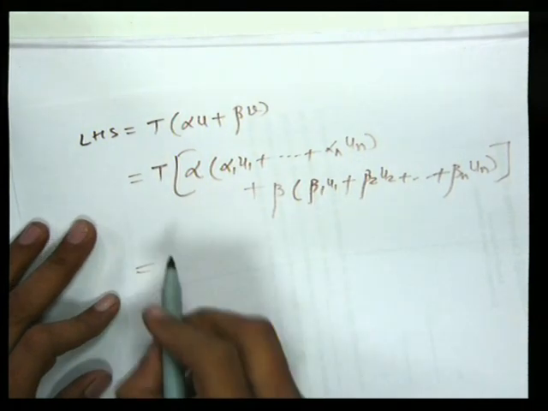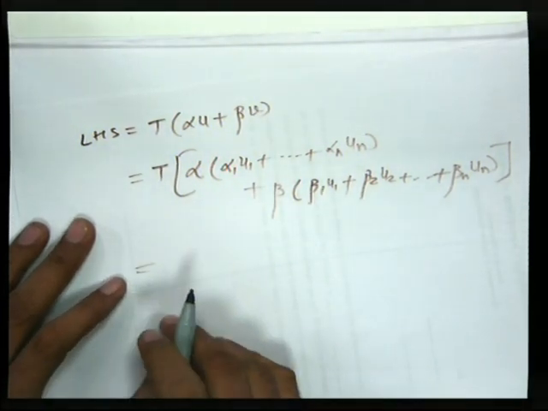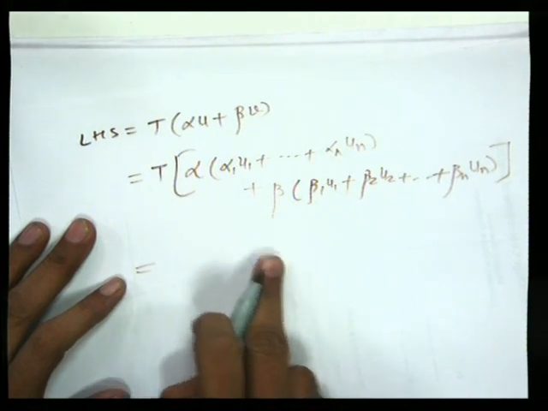This is equal to, now we club all the terms involving the same vector u1, u2 up to un.